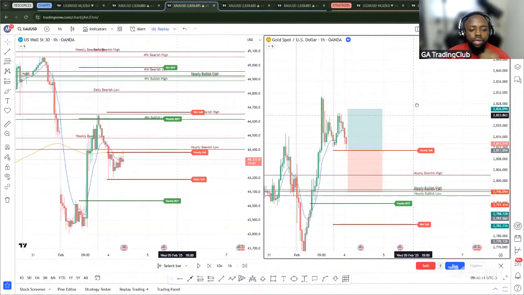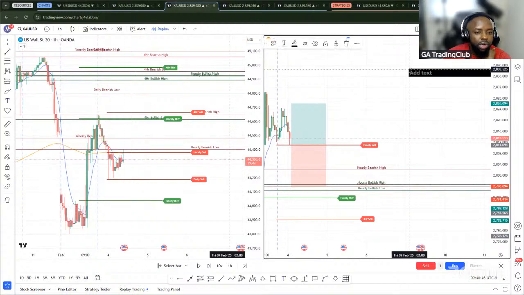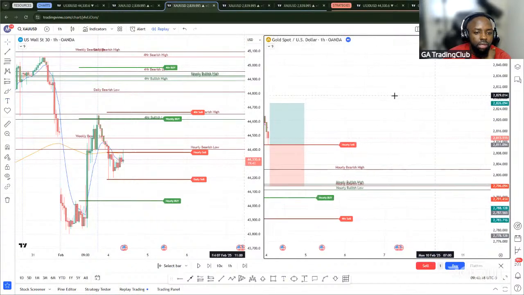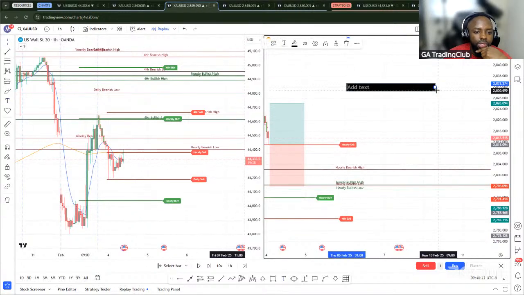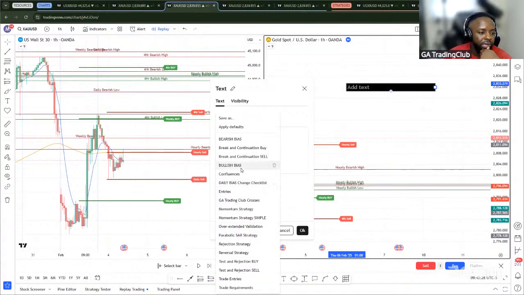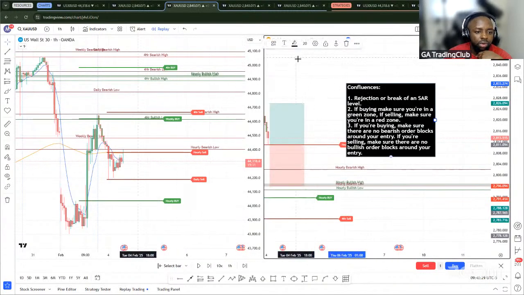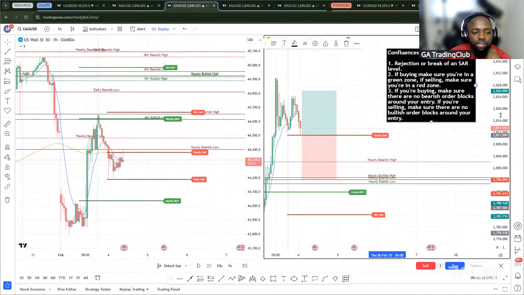you can see here, and if I pull up the confluences for the rejection entry or the levels entry. So the first confluence is rejection or break of an SAR level.